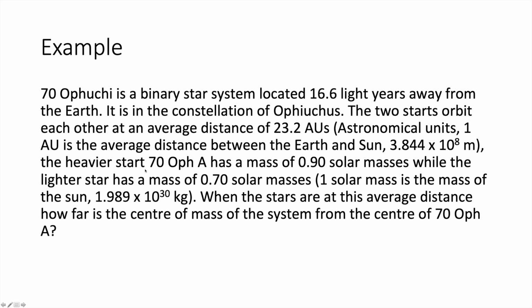The heavier star, 70 Oph A, has a mass of 0.90 solar masses, while the lighter star has a mass of 0.7 solar masses. 1 solar mass is the mass of the Sun, which is 1.989 times 10 to the 30 kilograms. When the stars are at this average distance, how far is the center of mass of the system from the center of 70 Oph A?